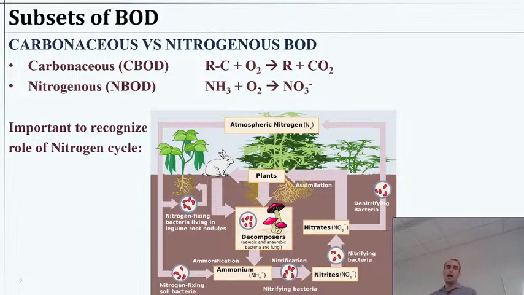So the carbon is pretty straightforward. It's like a sugar or something. We have carbon throughout our cells. Most of what we are and the food that we eat is carbon.